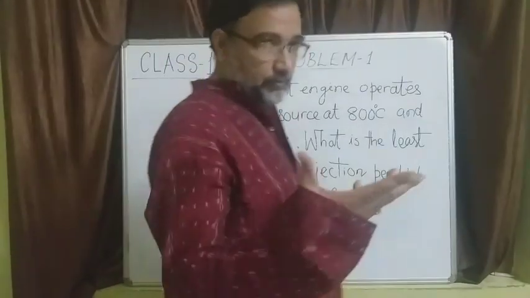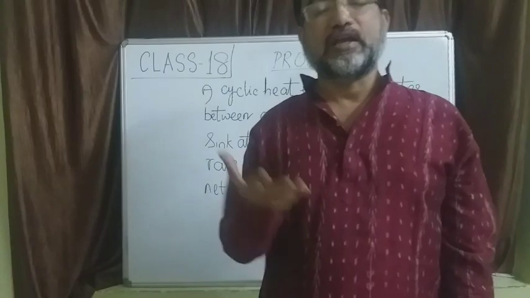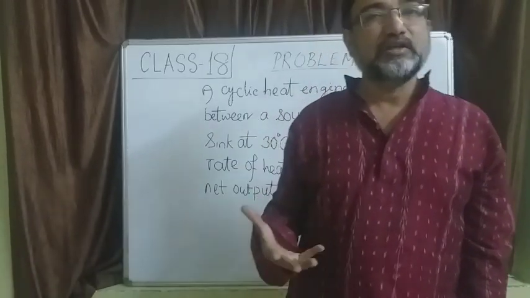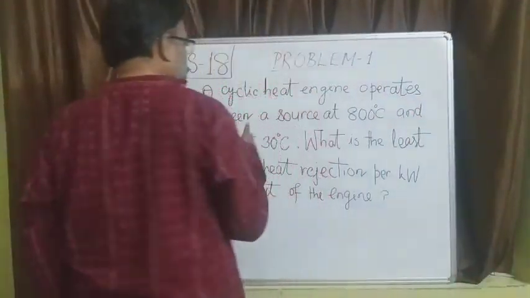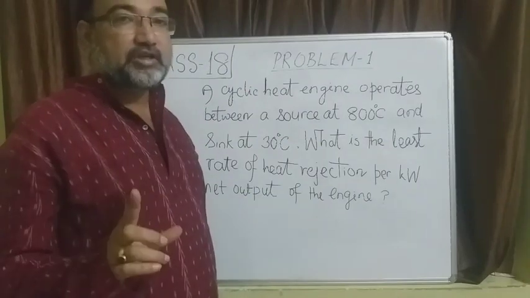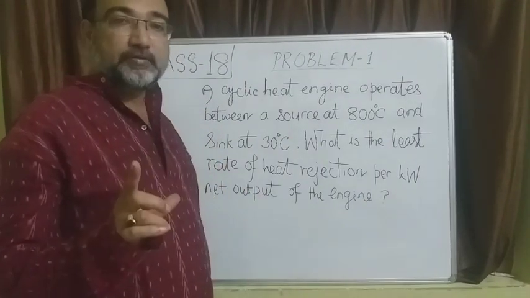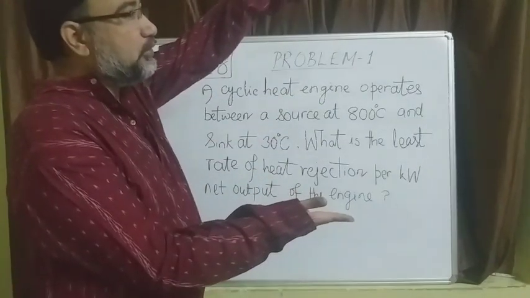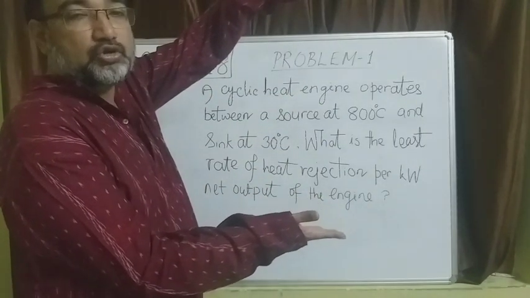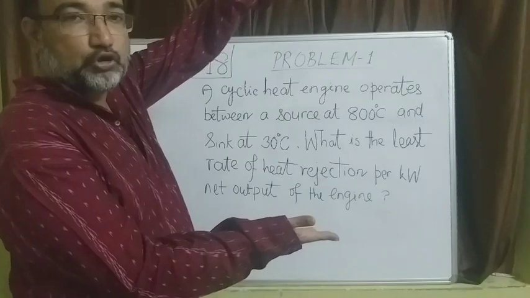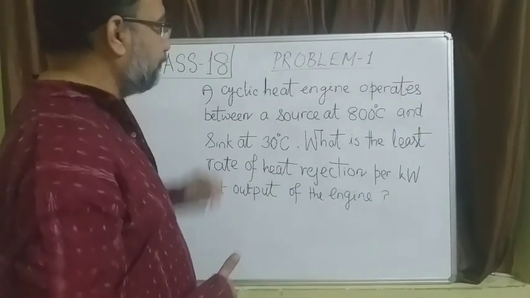So like any engine, it is also a cyclic device. A cyclic heat engine operates between a source temperature at 800 degree centigrade and a sink at 30 degree centigrade. So the engine is working between 800 degree centigrade source and a 30 degree centigrade sink.